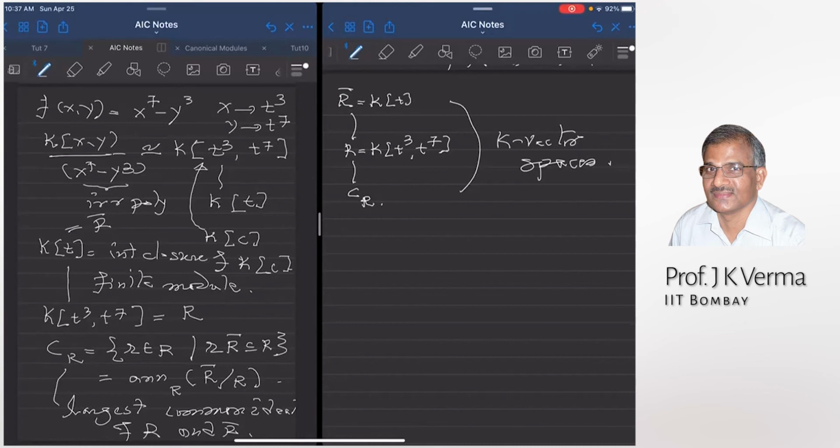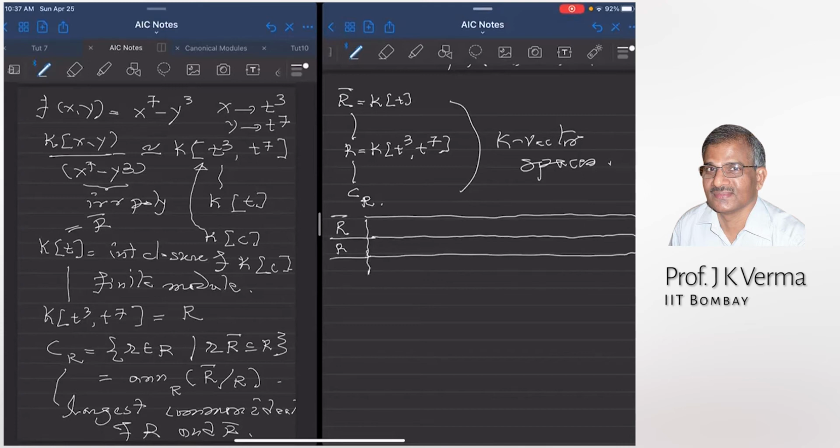Let us list. R is a vector space. The basis of R: 1, then t is not there in R, t square not there in R, t cube is there.